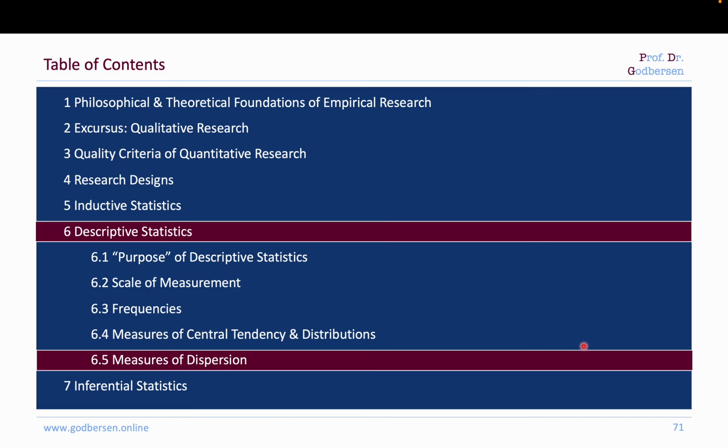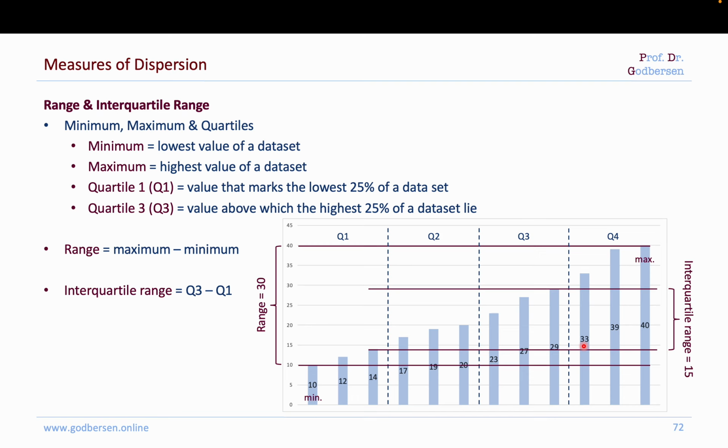Finally, the measures of dispersion. So these are the rather simple ones. You can look at the minimum value, the lowest value of your data set, and the highest value of the data set, the maximum value, and you have quartiles, like Q1. That is the value that marks the lowest 25% of your data set.